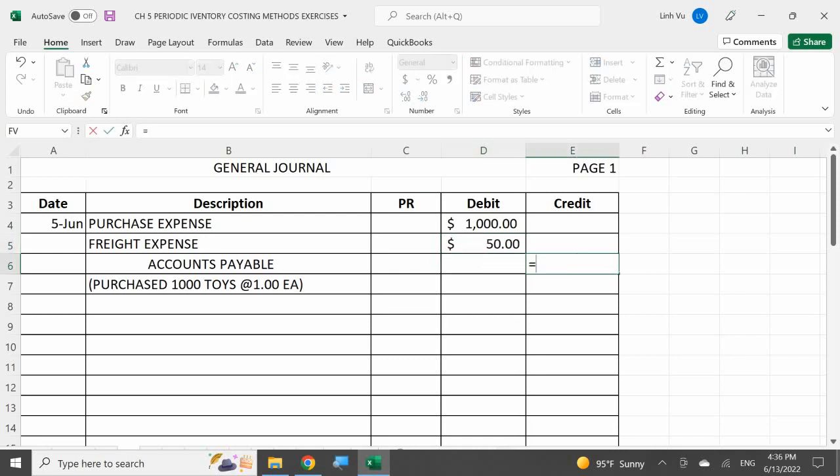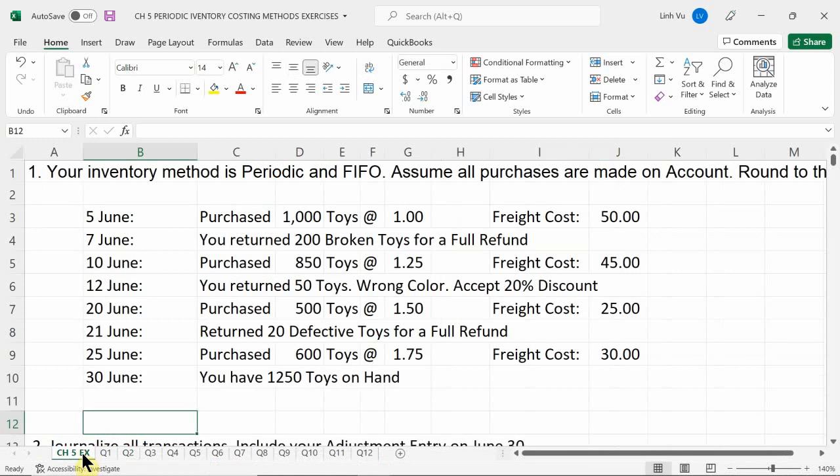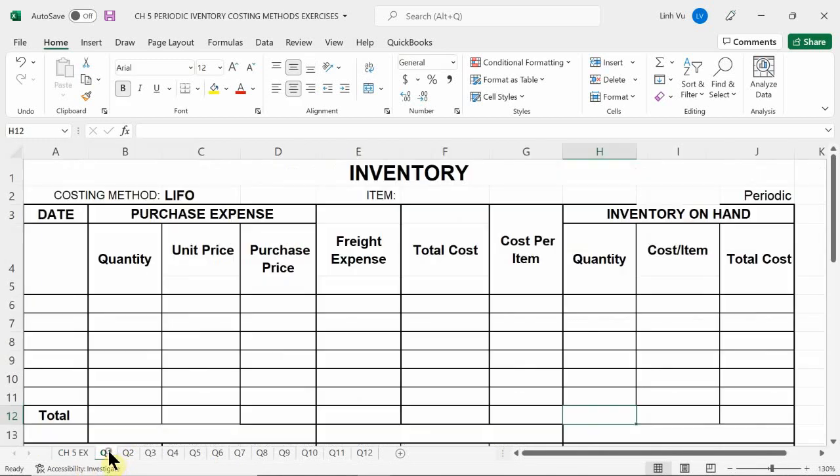So my grand total accounts payable is going to be $1,050, because we purchased 1,000 toys at $1 each with a freight of $50. Okay? So let's plug it into my inventory worksheet. It is June 5th. We purchased 1,000 units at $1 each with a freight of $50.